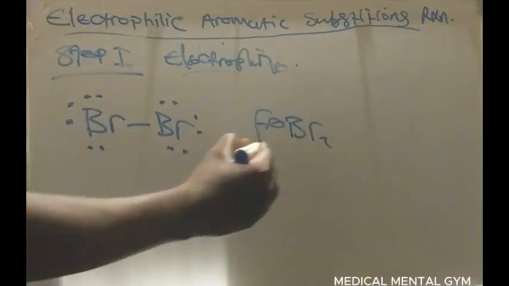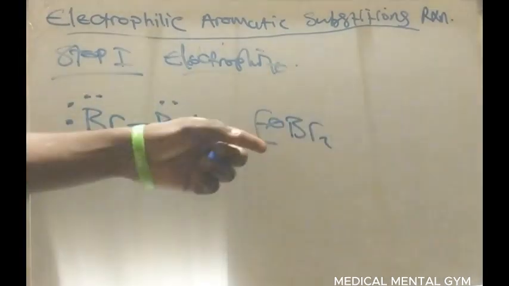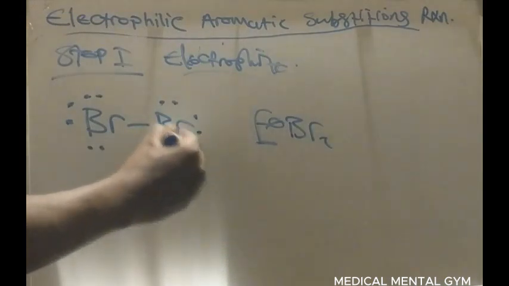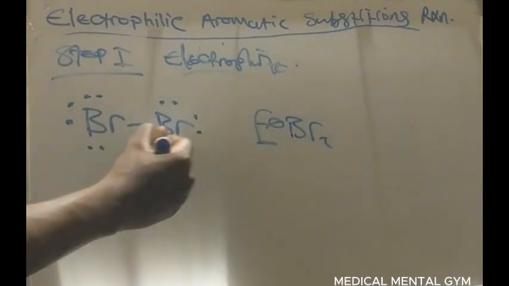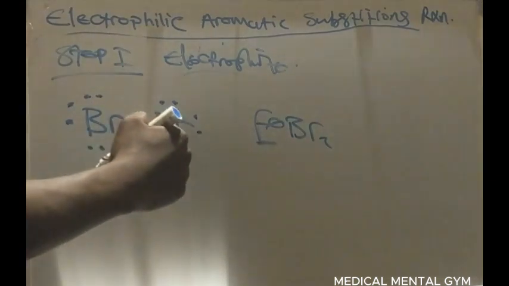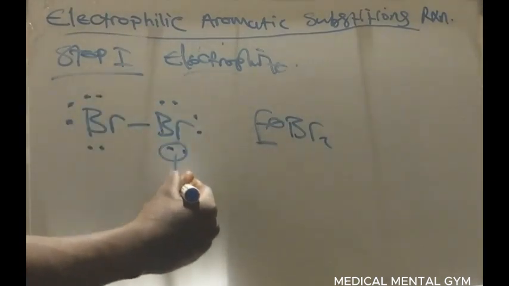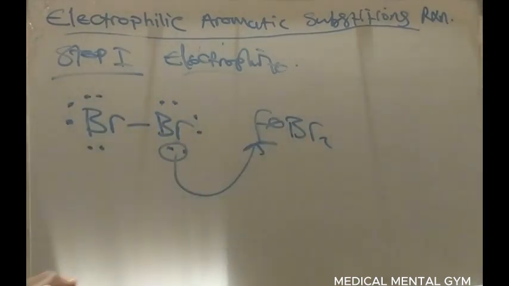The empty d orbital of the iron will abstract a lone pair from one of the bromines, which will form a catalytic complex.